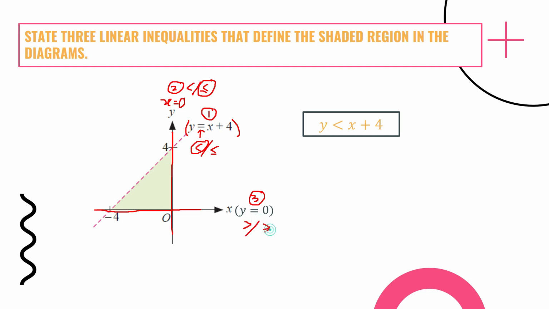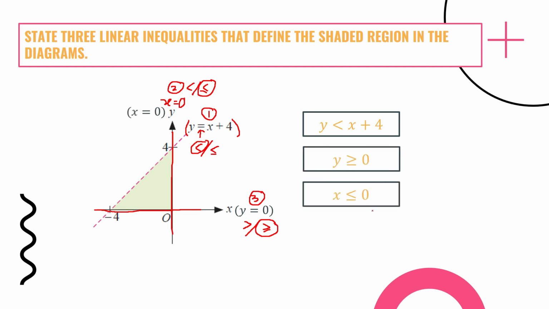We must choose one of them. The line is a solid line, so we will use higher than or equal. So the answer for this question is y higher than or equal to 0, and the last one is x lower than or equal to 0. That is how you determine the three linear inequalities that define this shaded region.